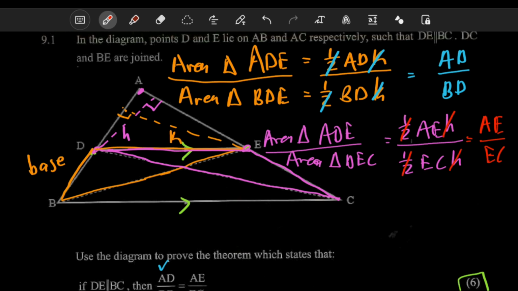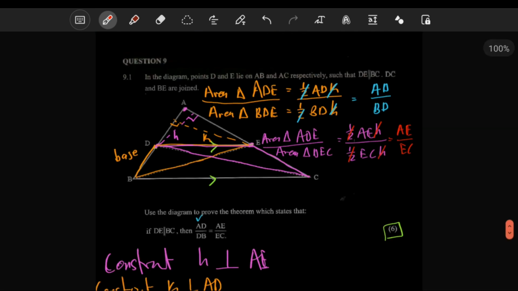So the idea is you need to keep in mind that the areas of triangles DEC and BDE are equal because they are areas of triangles between parallel lines.